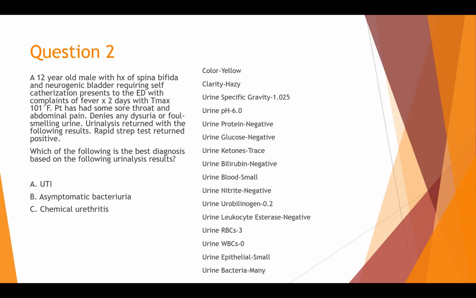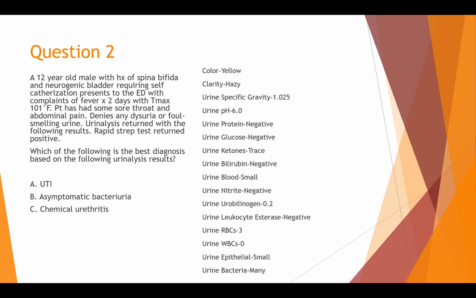A 12-year-old with a history of spina bifida and neurogenic bladder requiring self-catheterization presents to the ED with complaints of fever for 2 days, Tmax 101. She does have some sore throat and abdominal pain, denies any dysuria, no foul-smelling urine. Here's the urinalysis, and your rapid strep returned positive. Which of the following is the best diagnosis based upon the urinalysis results?